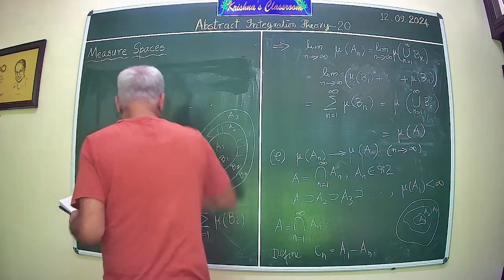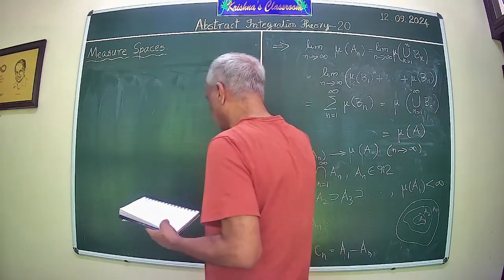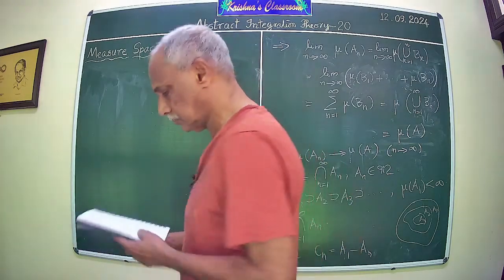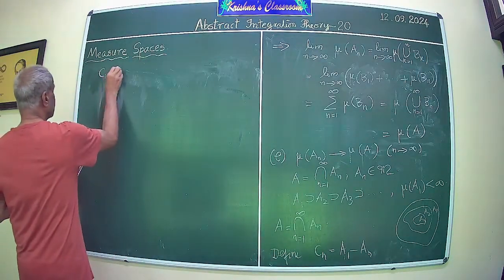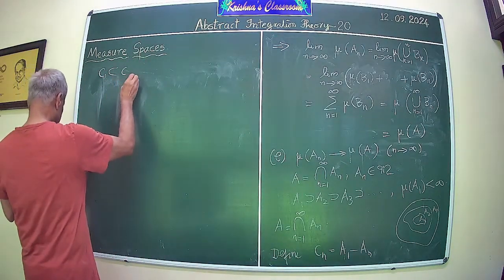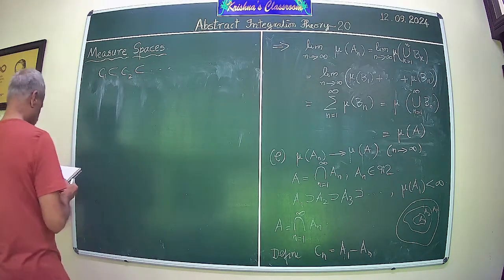we make it into a situation where you can possibly do this part. Then C1 is contained in C2, and so on.